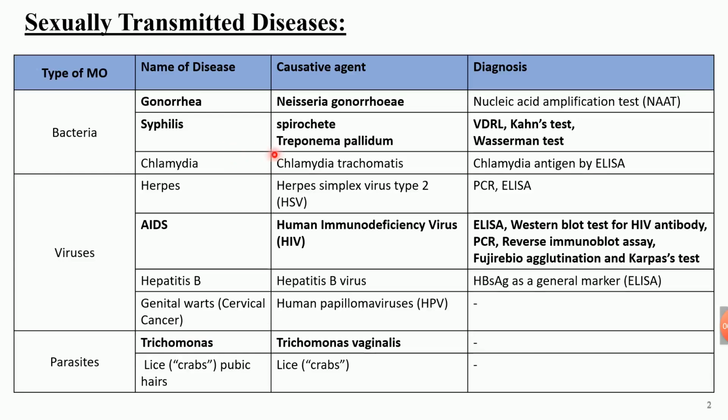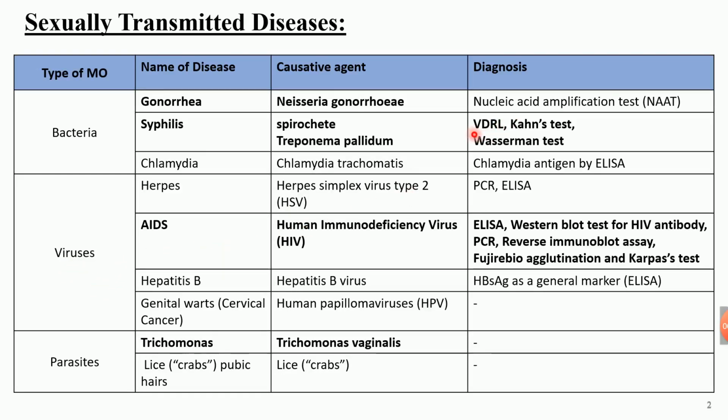Next, you should remember the causative agent for a particular disease. They have asked which is the causative agent for syphilis and gonorrhea. So you should remember the name of the causative agent for each disease as well as the type of microorganism responsible for causing that disease.